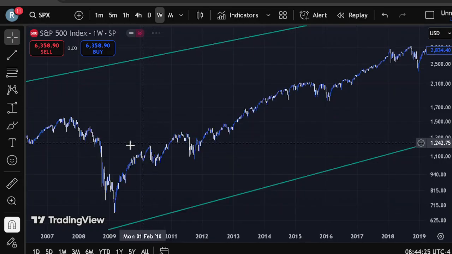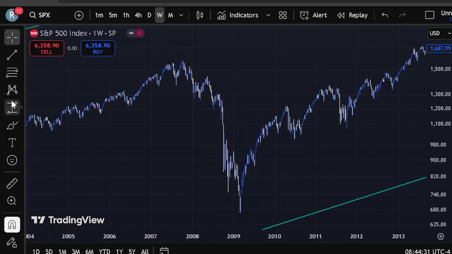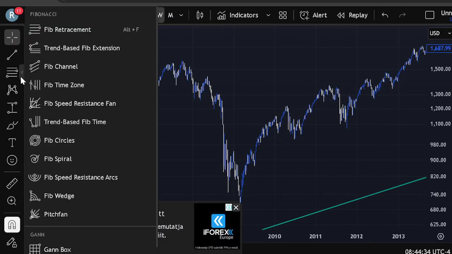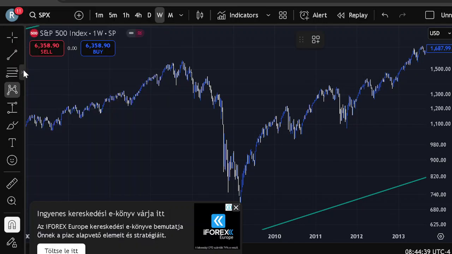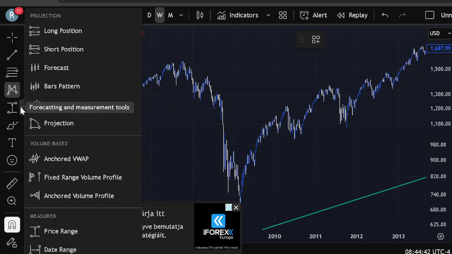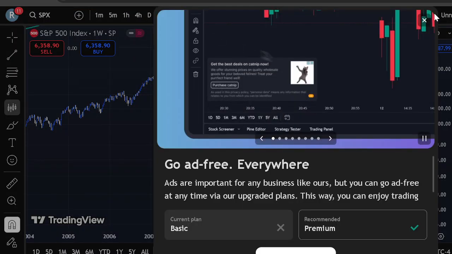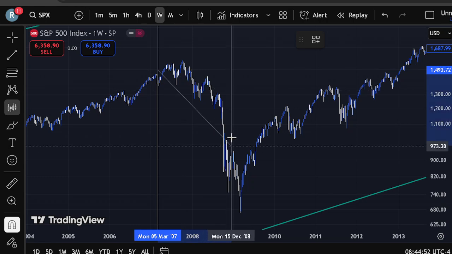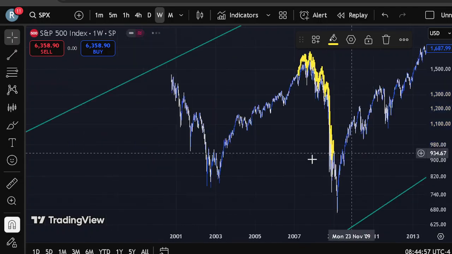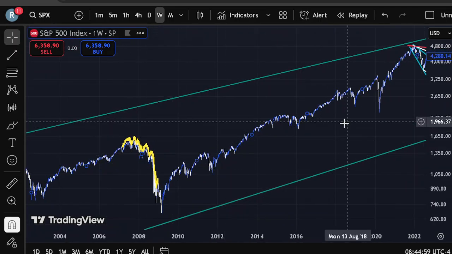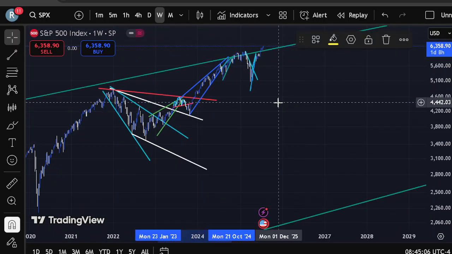And let's go back to 08 and just copy these patterns from here. It's here. So let's copy this and overlay it with today's price.